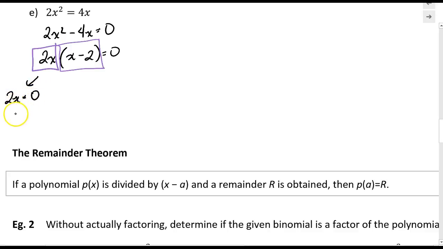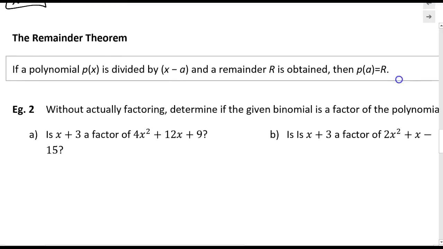If we divide this by 2, 0 divided by anything is still going to be nothing. Alternately, we've got x minus 2 equals 0, in which case x would equal positive 2. Therefore, I still have two answers.